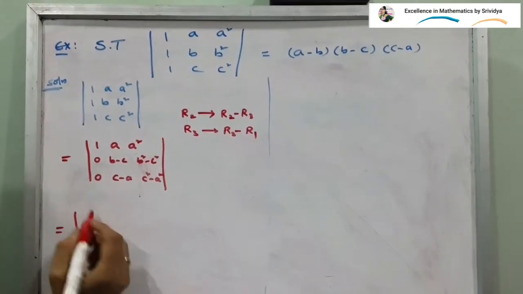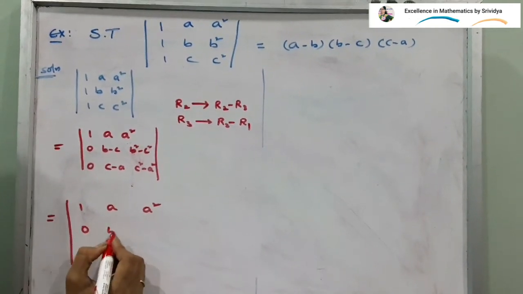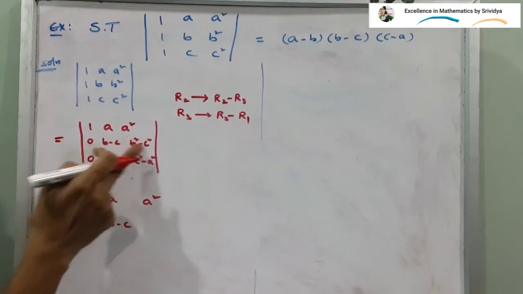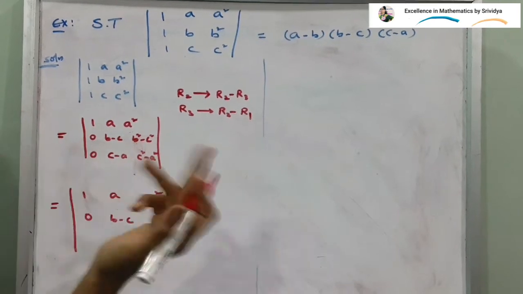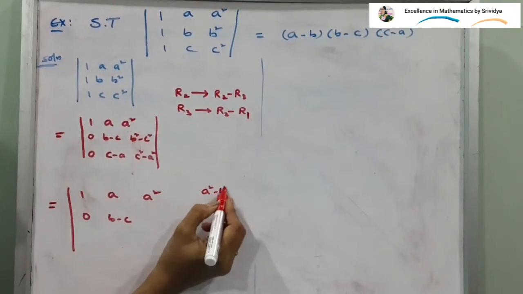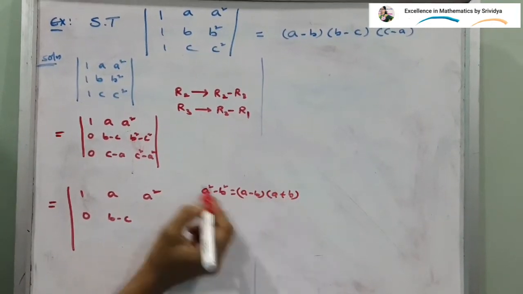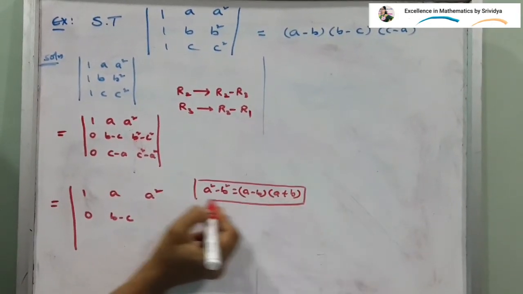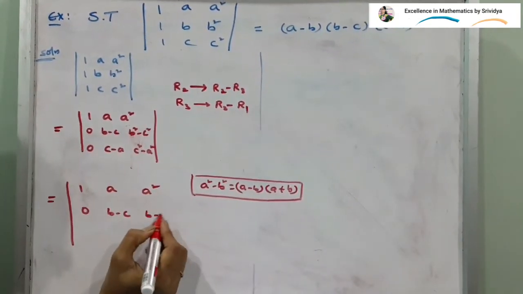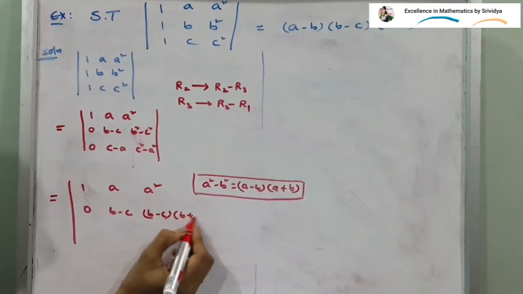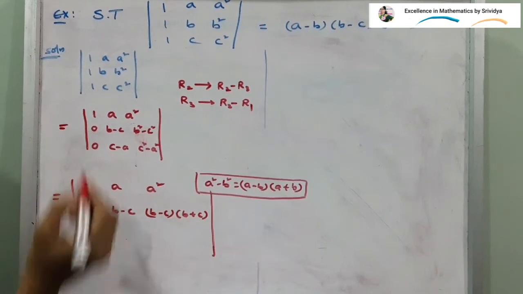The first row is the same: 1, a, a²; 0, b − c, and here b² − c² is in the form of a² − b². The formula for a² − b² is (a − b)(a + b). So it can be written as (b − c)(b + c).